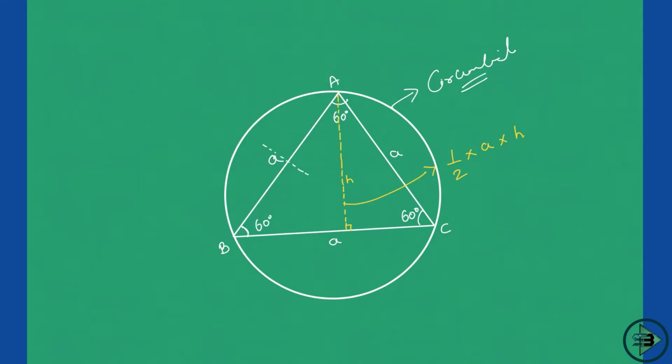Perpendicular bisector. So I draw a perpendicular bisector, which means a perpendicular which bisects this side, a perpendicular which bisects this side, and a perpendicular which bisects this side, and with this point as a center I draw a circle. That will be my circumcircle. So the perpendicular bisector is what gives you a circumcircle. This is what you know about it.